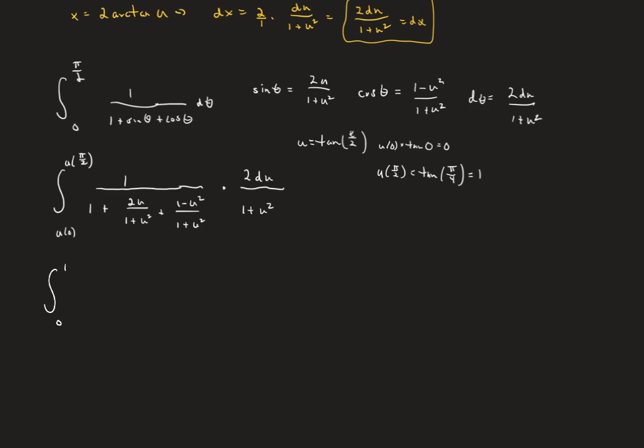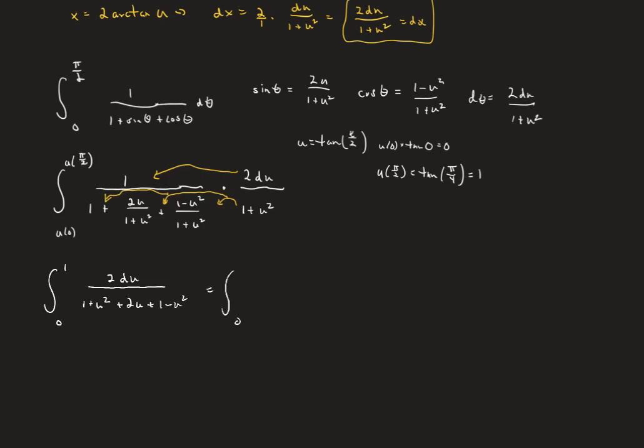Now, as we imagine distributing this 1 plus u squared into the denominator here, and the 2 is going to multiply there, this is going to become 2 du in the numerator, and we'll get a 1 plus u squared plus 2u plus 1 minus u squared in the denominator. You with me there?